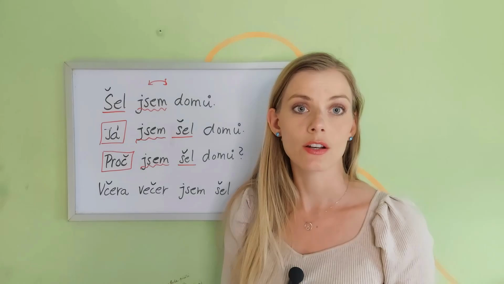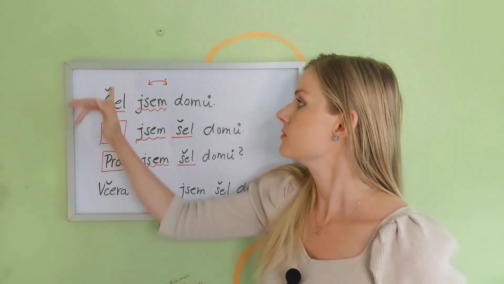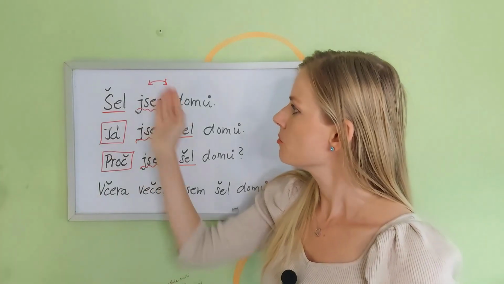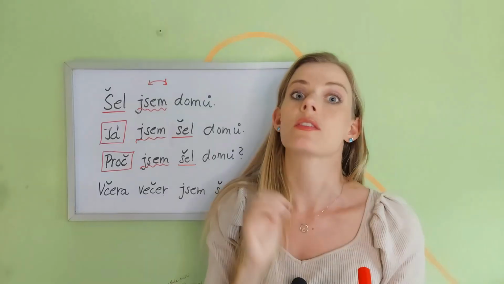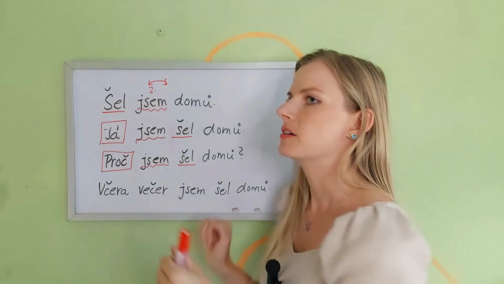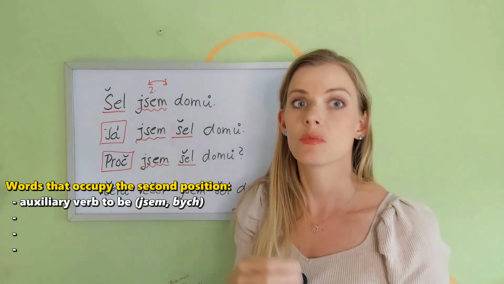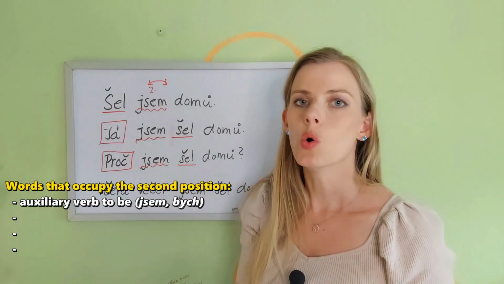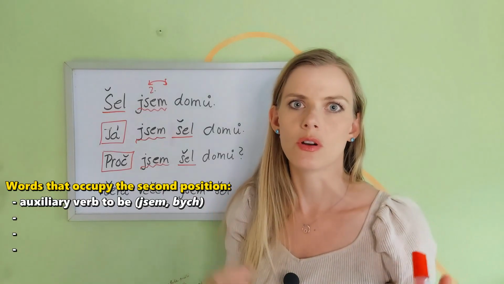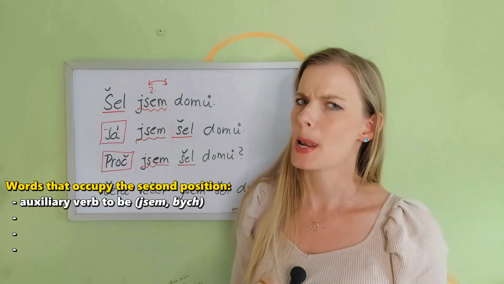So in Czech there are certain components that cannot appear in the first position. These components have to be in the second position, like I said here. And those are, for example, the auxiliary verbs to be when we make past tense, or for the conditional form, the by and bych, etc. Budu for the future tense is a little bit tricky.